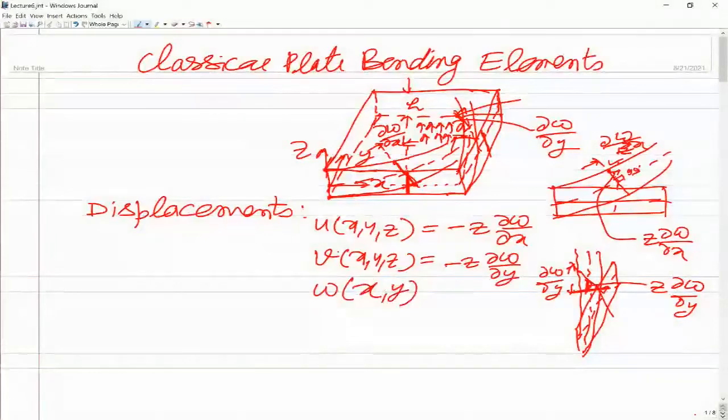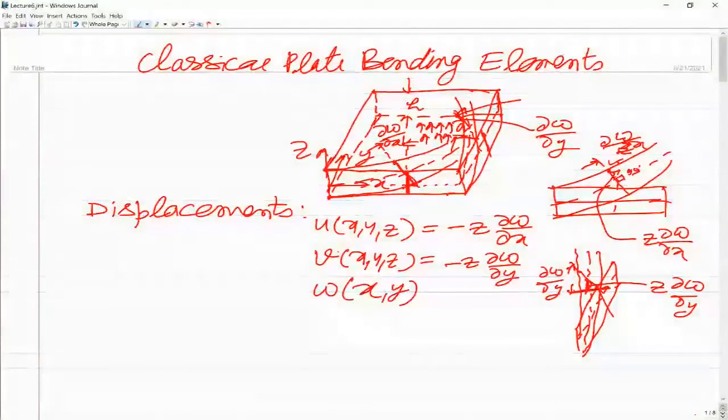So these are the three displacements, but you see all three are in terms of only one unknown, that is w, which is a function of x and y, because u and v are written in terms of the derivatives of w itself.